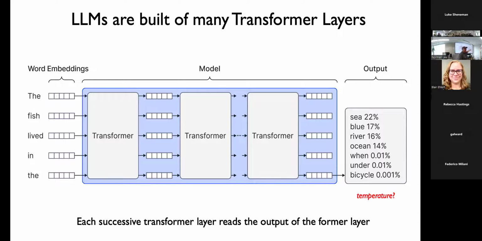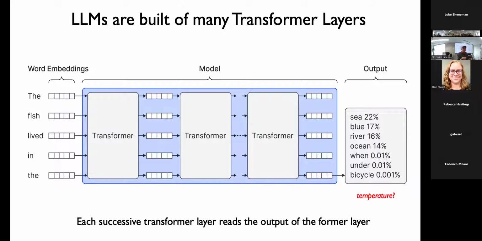And every word in your dictionary is given a probability. And you just pick the one that has the highest probability. So in this case, where we say the fish lived in the, after you transform it all with the transformer model, you'll be able to look at your probabilities for that next token, and you just pick the highest one. So the fish lived in the sea would be the most probable one.